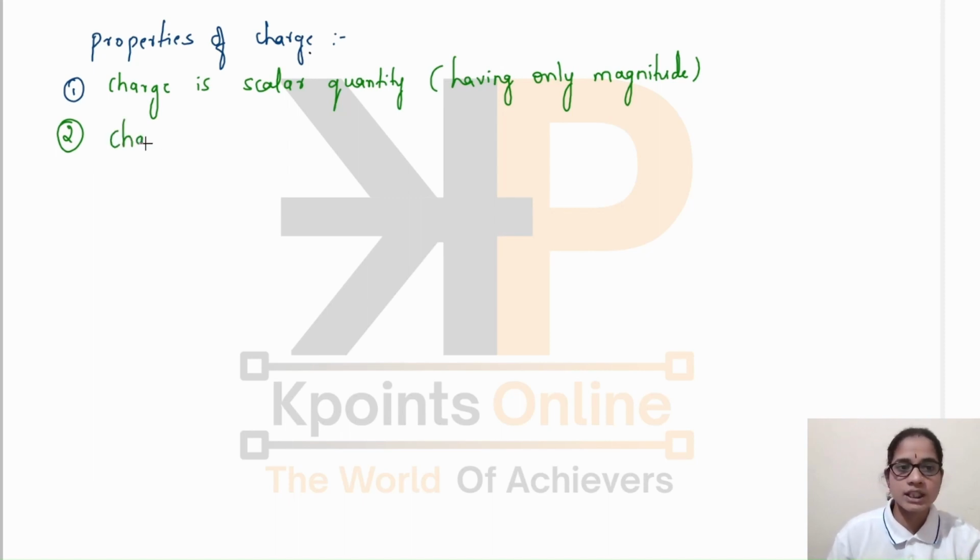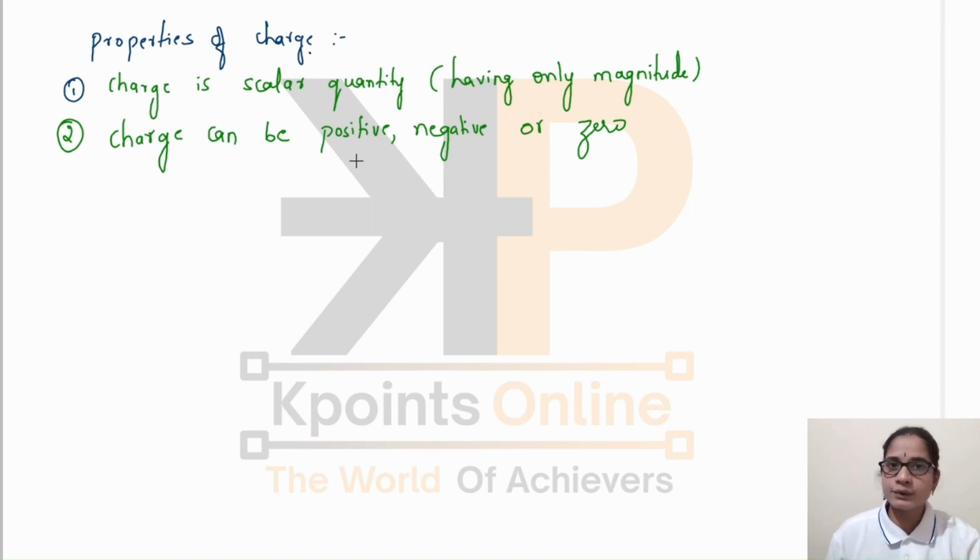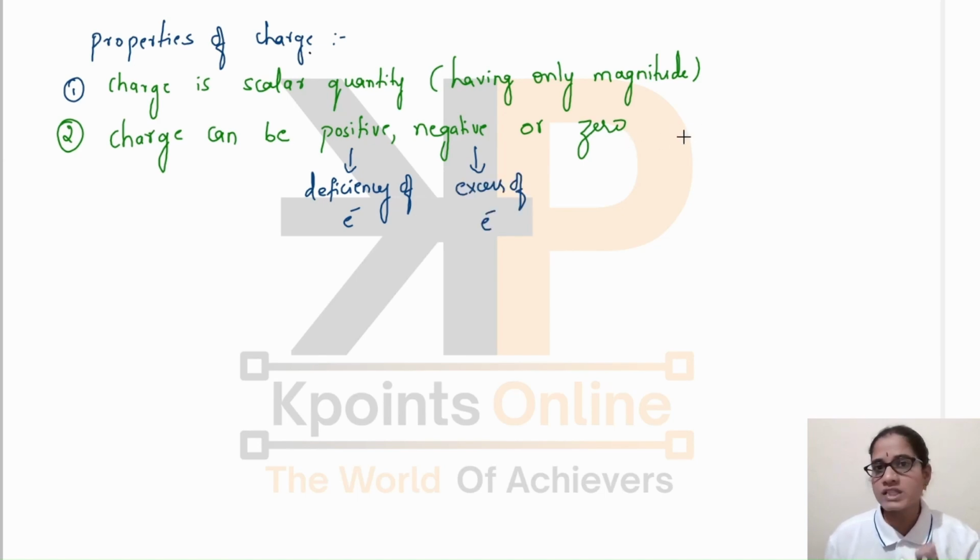So, charge can be positive, negative or zero. We say it is positively charged when there is deficiency of electrons, and negative when there is excess of electrons. Zero when the number of protons is equal to the number of electrons.